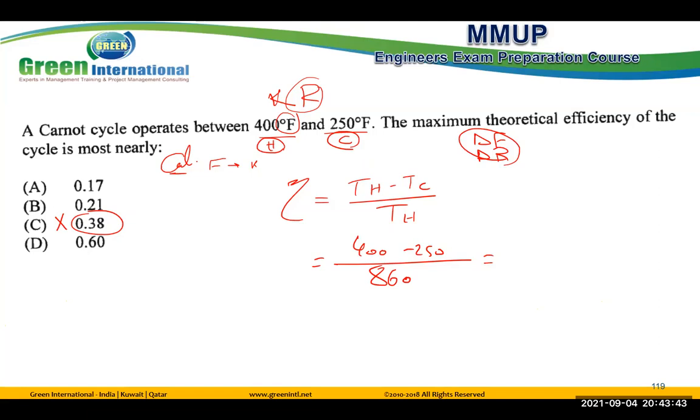What is the answer? 0.17. It's a totally different answer. Okay, understand this? Yes, sir. Very simple.